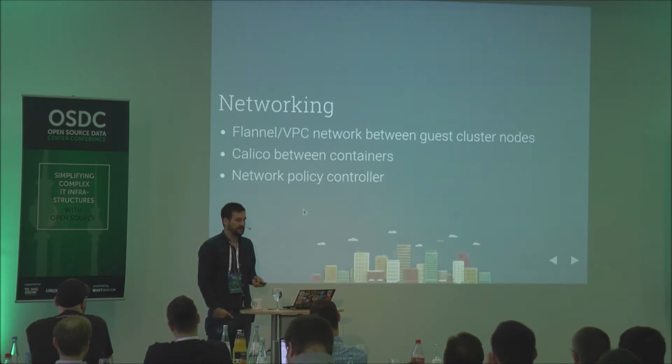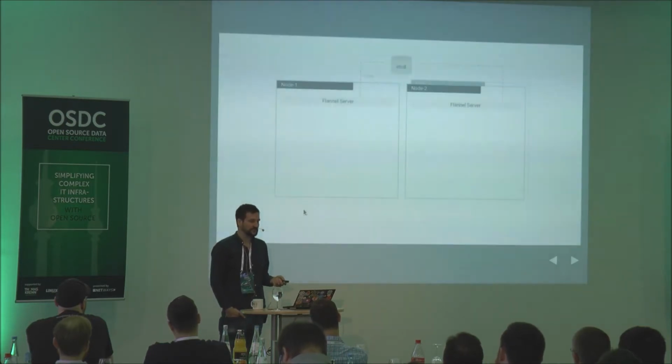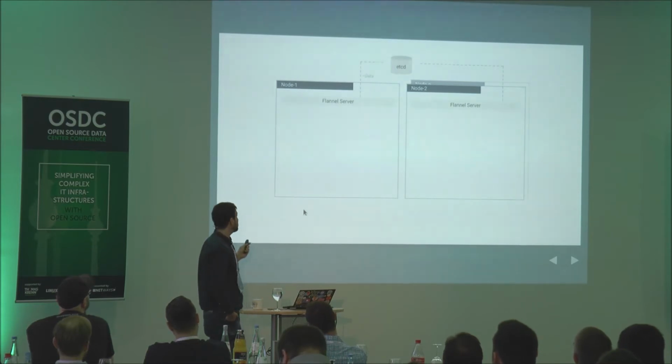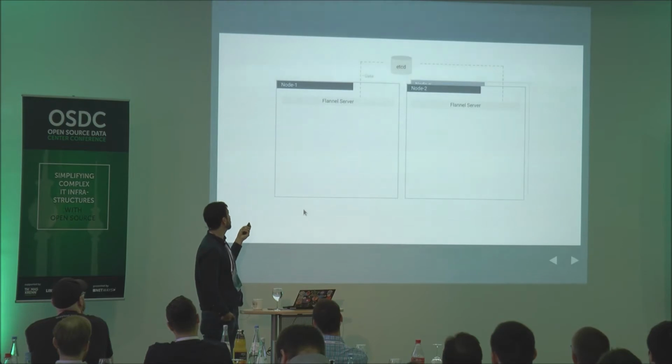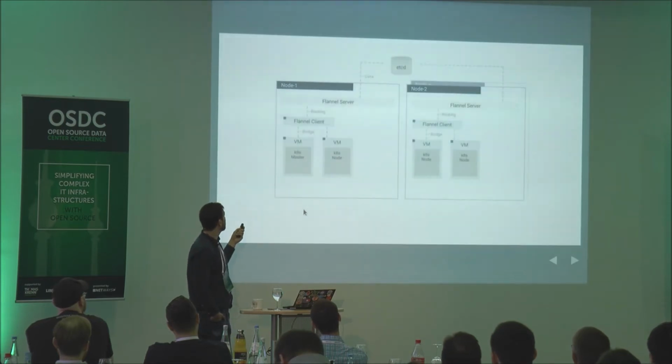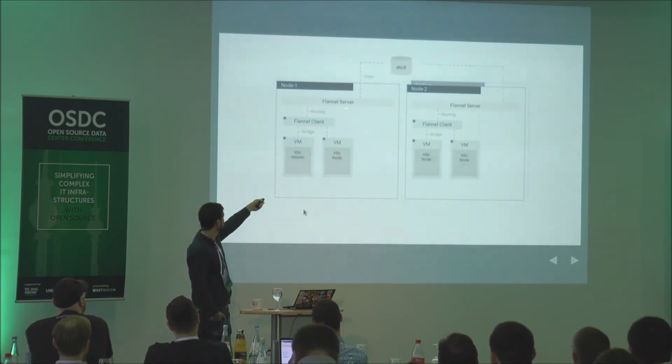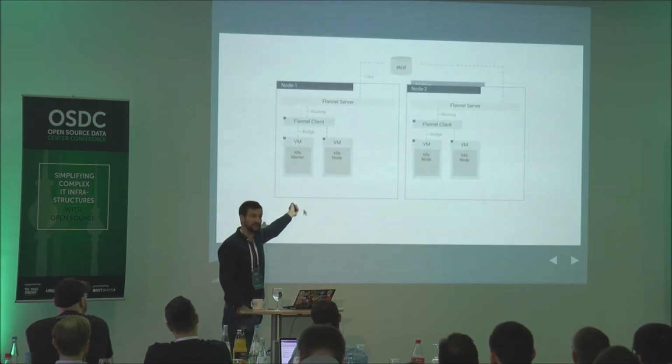We're using Flannel to connect, and actually this is old, we're not using the Flannel server anymore. That was an experimental feature. We're just using Flannel only. So we're connecting the VMs outside of the VM through Flannel.